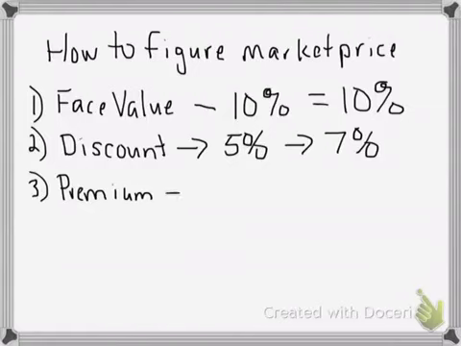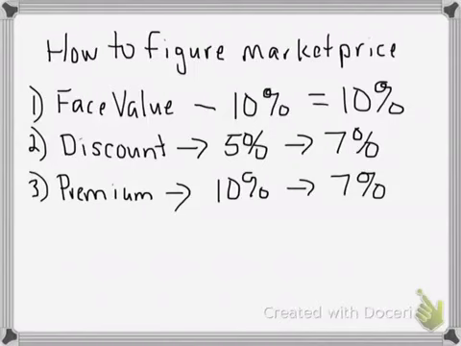When we look at premiums, this is where we would say, okay, our bond is paying 10%, and that's the face value of our bond, and those bonds out in the market are only paying 7%. So everybody wants our bond. And with the law of supply and demand, if everybody wants it, then I don't have enough, so the price will go up because I don't have enough of a supply of it.